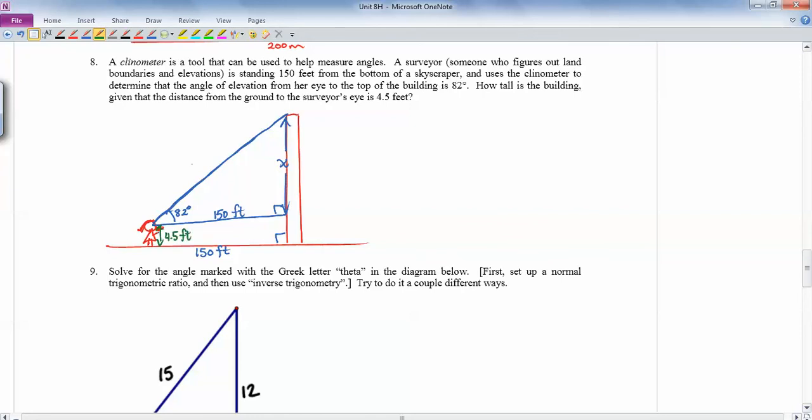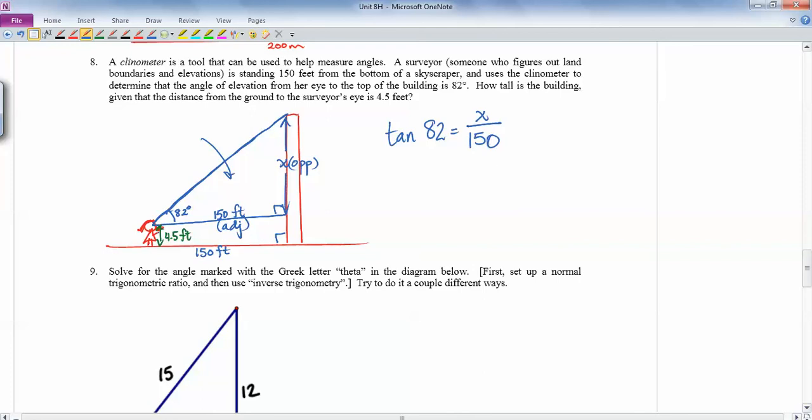So let's deal with the blue triangle up here first. x is the opposite side. 150 is the adjacent side compared to the 82. So the one that uses opposite and adjacent is tangent. So I'm going to set up tangent of my angle equals the opposite side over the adjacent side.